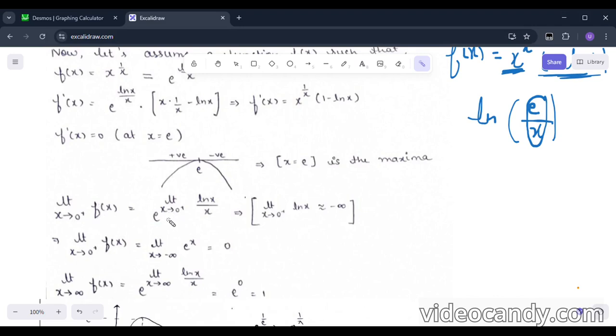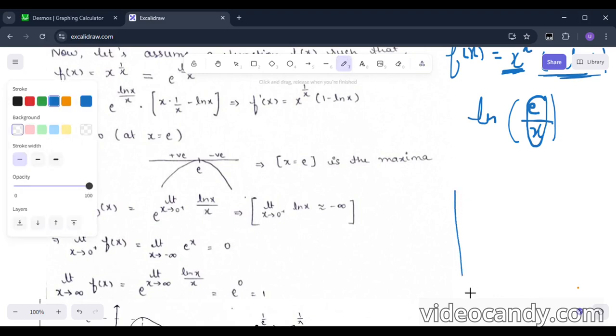So we can use the property of limit, and this comes out to be ln x by x where x tending towards 0 plus. Now you can see that whenever x is tending towards 0, ln x is approaching towards negative infinity. Why so? Because if you look at the graph of ln x, it is something like this.